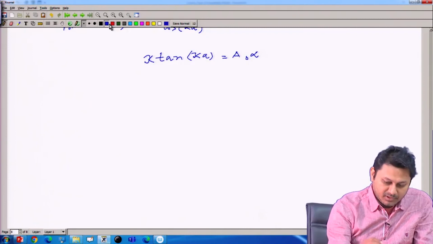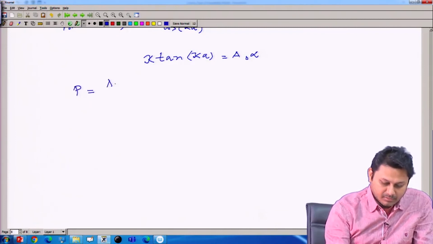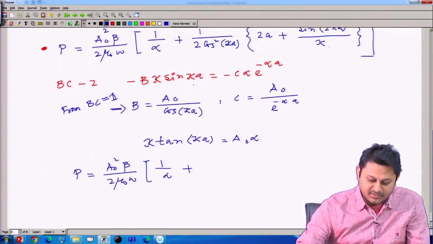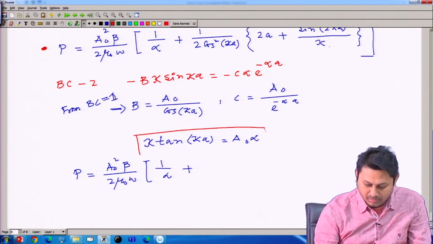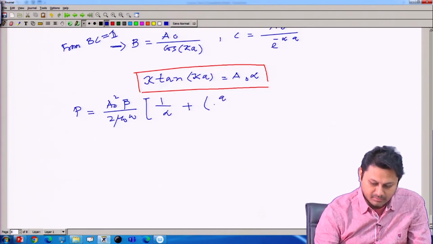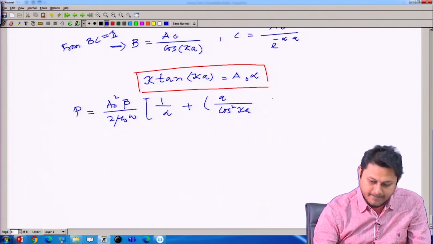My P, if I put all these values, my P will be A0 square beta divided by 2 mu 0 omega, 1 by alpha plus, I just simplify, I just put this second boundary condition to the equation, and I have this one plus a divided by cos square kappa a plus tan kappa a divided by kappa, that we have.